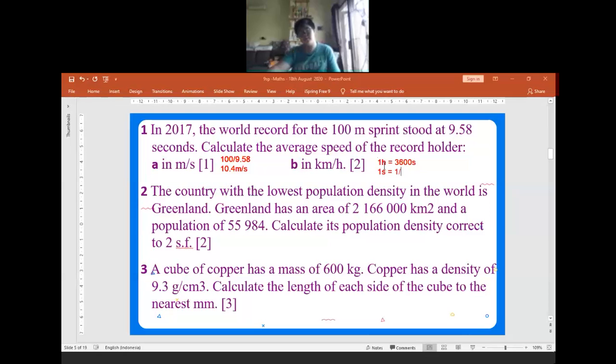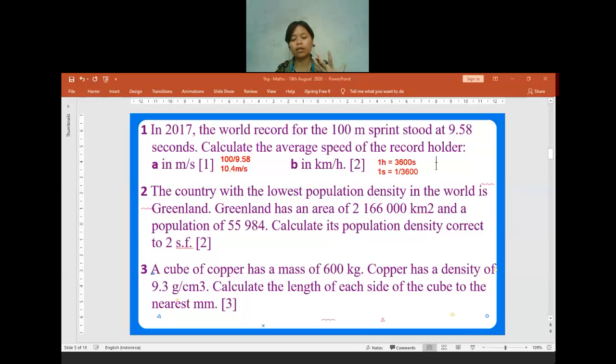Yeah, 1 per 3,600. So later, if you already have the distance, which is 100 meter, you can change it into how many kilometers? 0.1 kilometer. So it will be 0.1 kilometer.